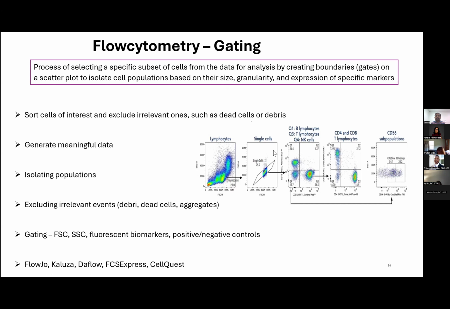Gating is simply creating the boundary. When we create a small boundary like this inside this population, that will select only that particular population which is within the gate. A gate is simply a selection tool that will help us to further identify the expression level and further sort those cells.